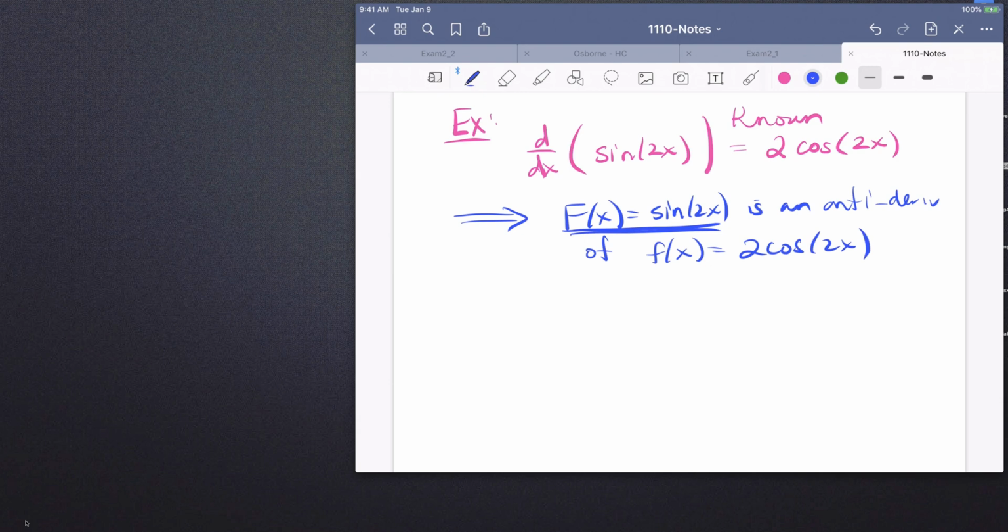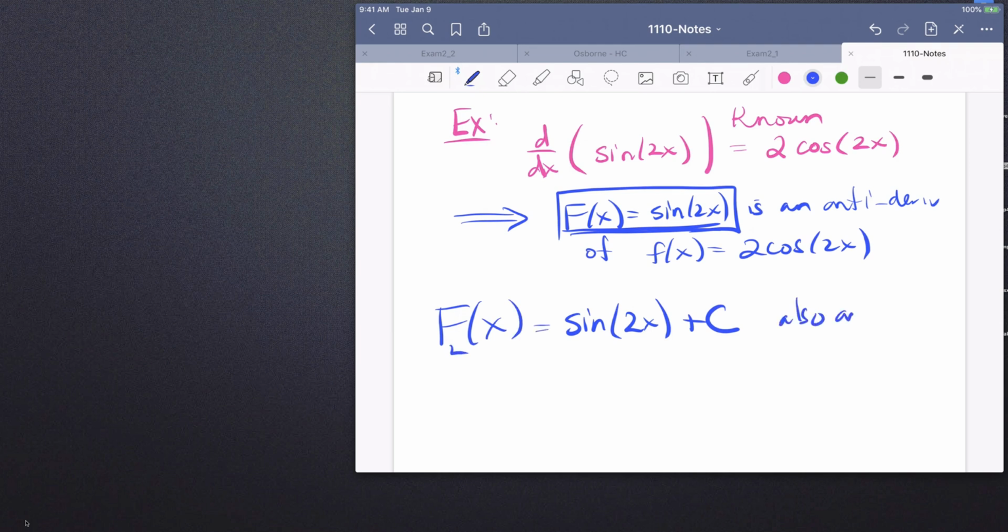But since this is an antiderivative, we also know that any other function g of x, let me call it sine of 2x plus any constant, is also an antiderivative of 2 cosine of 2x.